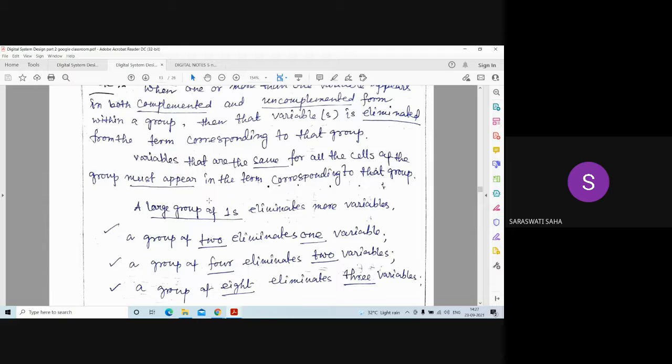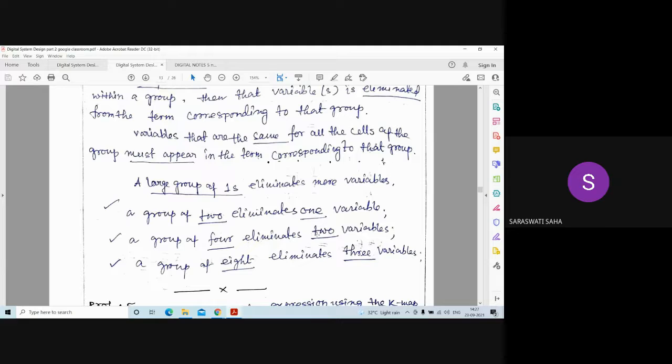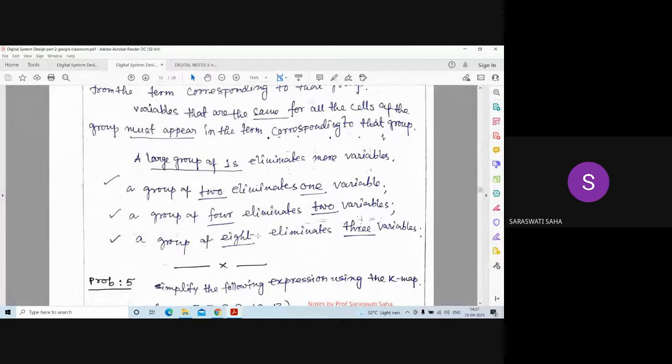So how can we take the adjacent cells to drop out variables? A group of 2, that is a pair, eliminates one variable, a group of 4 eliminates 2 variables, and a group of 8 can eliminate 3 variables.